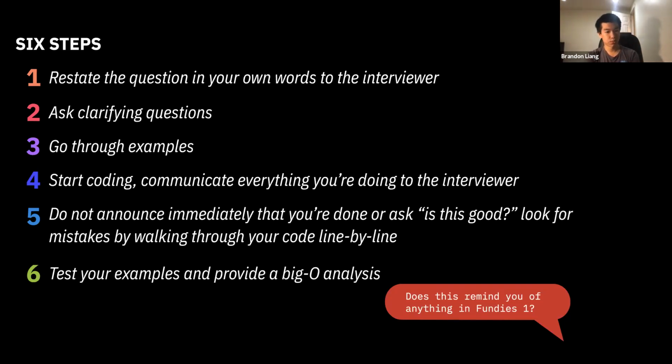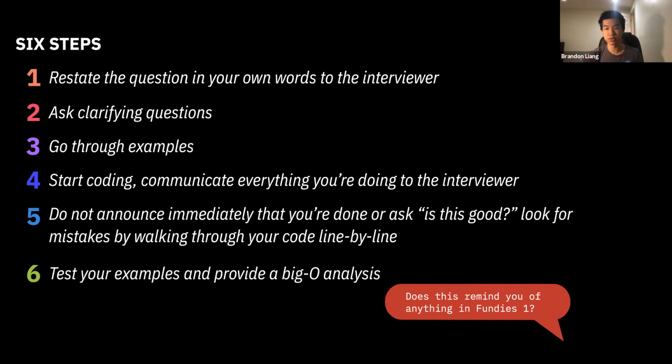Fifth step would be to not immediately announce you're done or ask a question like, is this good? What you should do is look for mistakes when walking through your code mentally, line by line. Then for the sixth step, just automatically suggest, hey, let's test it on this example to make sure that it works.